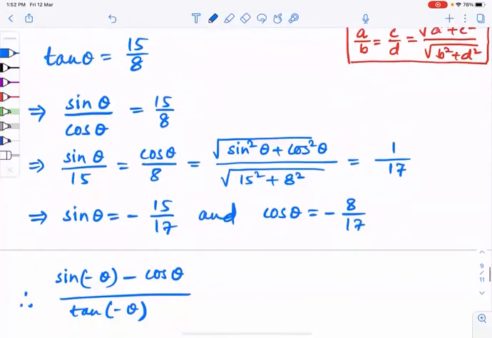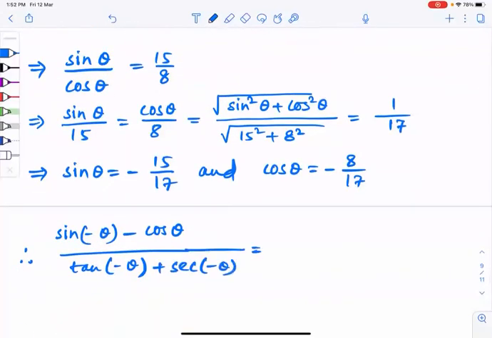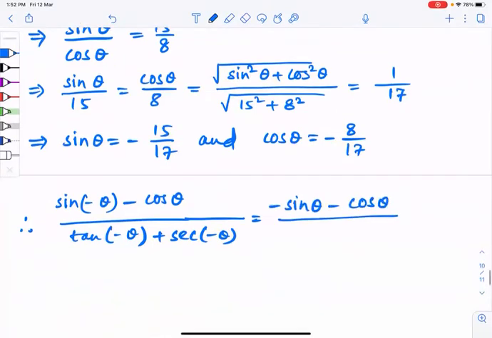We have to simplify it. So sine of minus theta, this minus sign will come out. Is minus of sine theta minus of cos theta divided by tan of minus theta, minus will come out, tan theta. Sec of minus theta, minus will be absorbed.